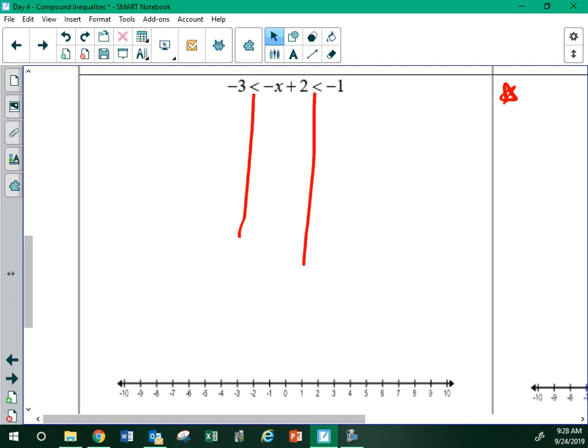Right, so now it's x divided by 2. So we're going to have x divided by 2. It's also divided by 2. Like this one now.